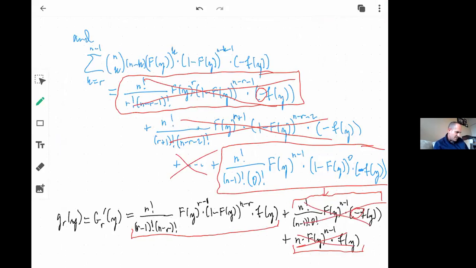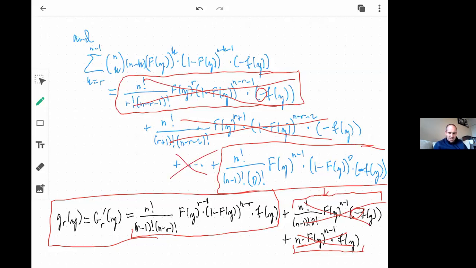They're gone. And therefore, this right here is all that's left from that derivative. We had this kind of collapsing sum of sorts that took place. Everything in sight ended up canceling. And we ended up with this nice formula for the PDF of this particular thing. So that's amazing.